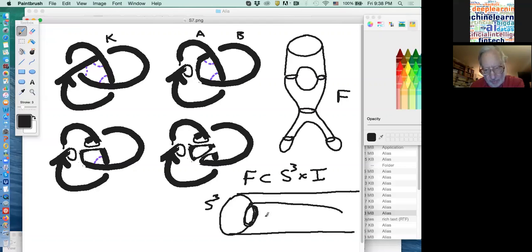And then it went through a saddle point, and then it died off like that. And we formed a bit of genus in the middle. And so we have this surface F, which is sitting inside of S3 cross I. It's not inside the 3-sphere anymore. But the genus of F, I leave it to you, exercise this now.